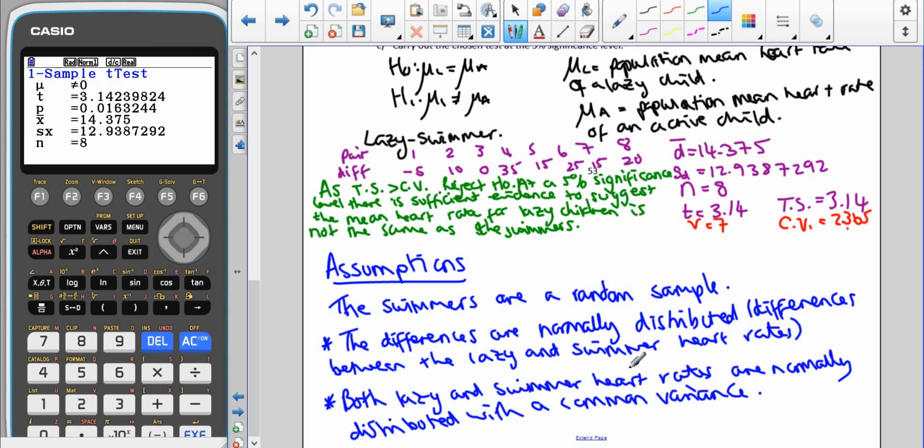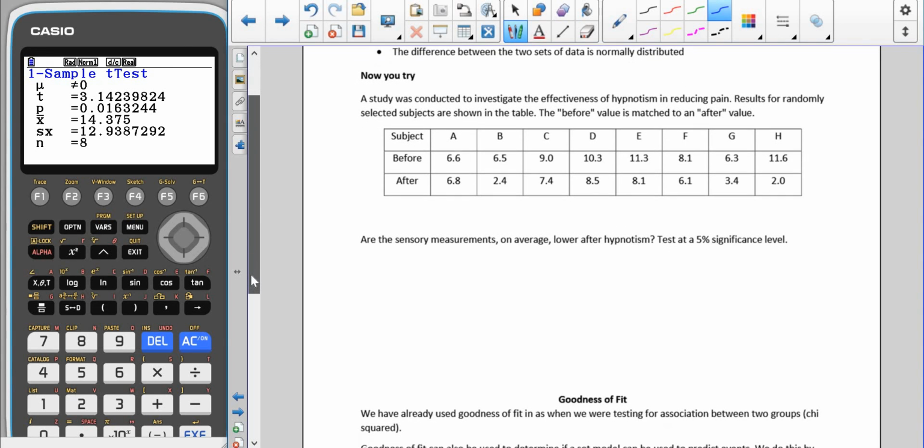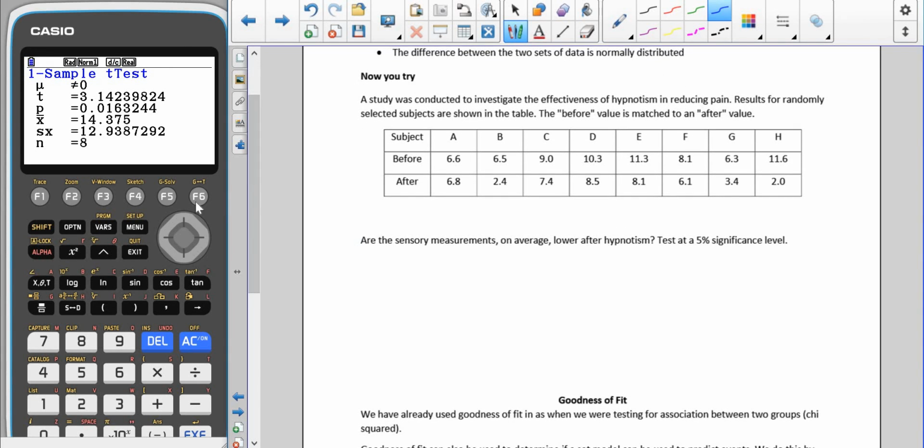So these 2 are telling us the same thing, but we need to be careful and make sure that we are writing them down. Now this is summarised on the next page, so you can see here the assumptions. So both sets of data need to be normally distributed with common variance, which we could also say that the difference between the 2 sets of data is normally distributed. So I'd like you to pause the video now and give the Now You Try question a go.